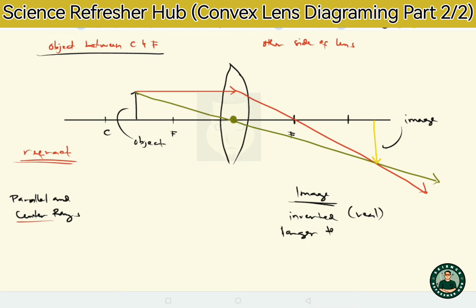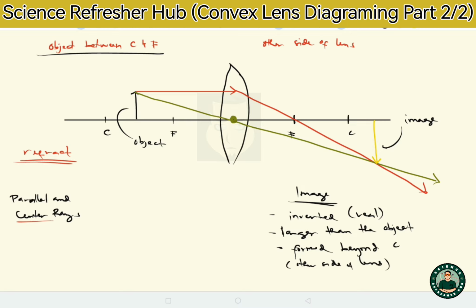Remember that one. The image is larger than the object. What else? It's real, inverted, and it is formed beyond the center of curvature, on the other side of the lens.